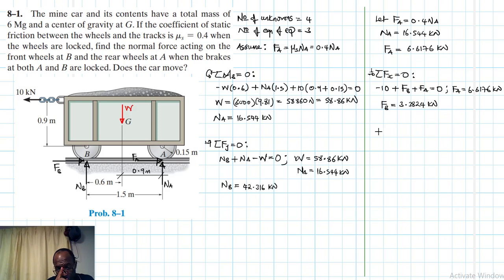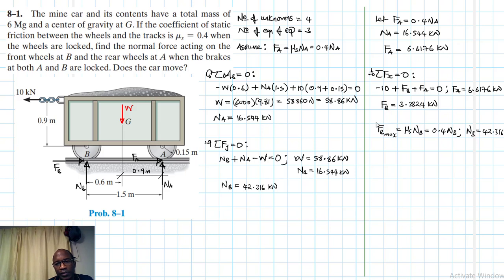All right, and we know, what's the maximum at B? The maximum at B, FB max, is equal to mu s NB, which is equal to 0.4 NB, and we know our NB is equal to 42.316.